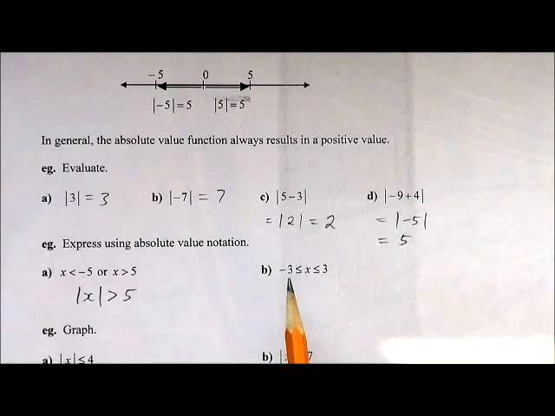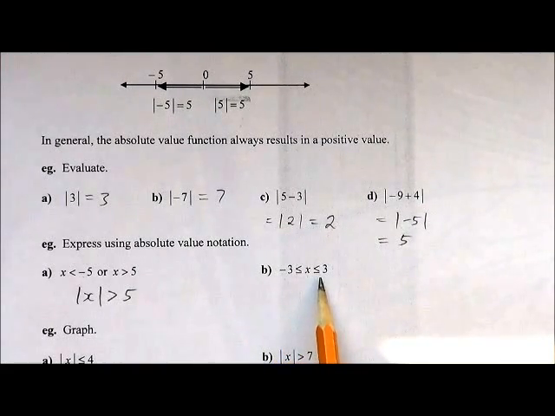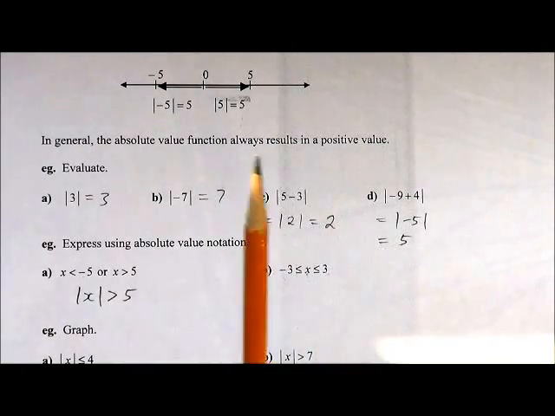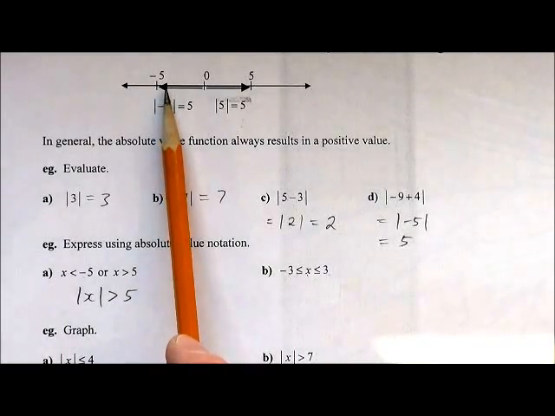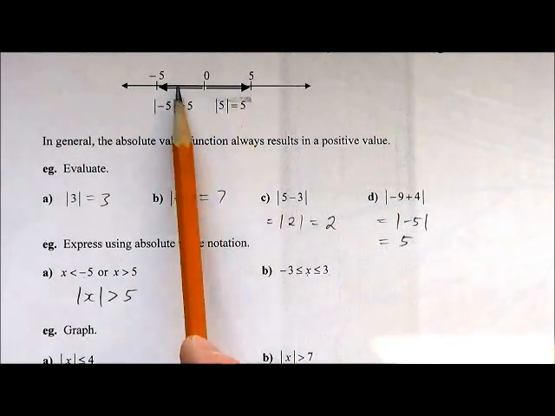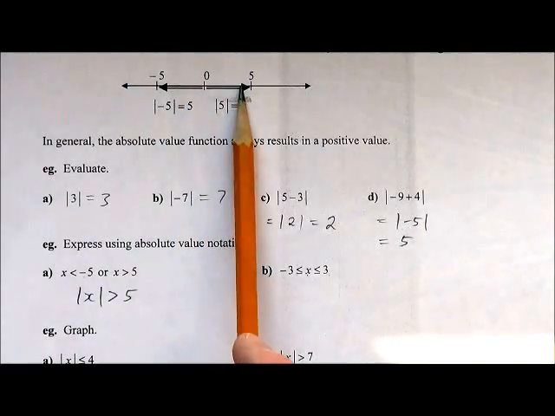When we have negative 3 is less than or equal to x less than or equal to positive 3, we see that the values of x are between negative 3 and 3. So if we take a look up here, if the values were between negative 5 and 5, there would be all these values inside here.